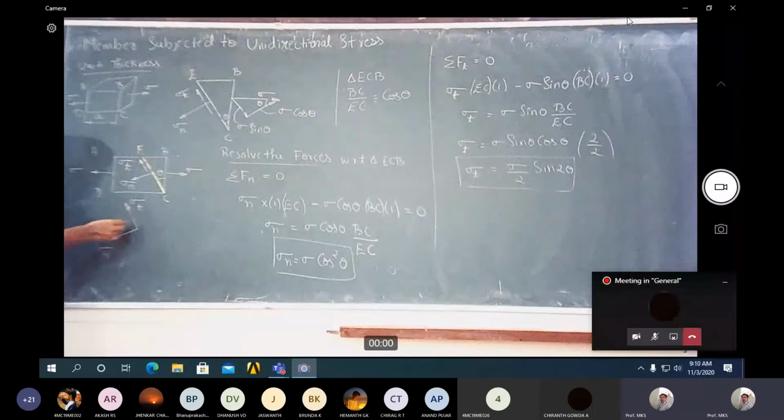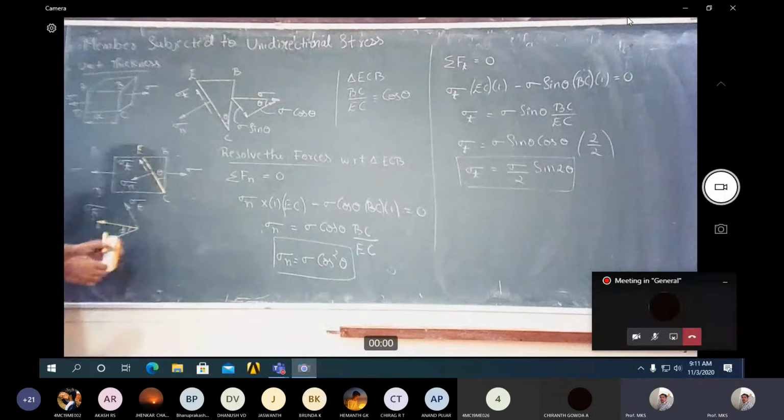So there is some resultant stress acting, that is sigma r. If you just draw the perpendicular to this, it is nothing but sigma t. This resultant is inclined at an obliquity phi. You need to find this phi.